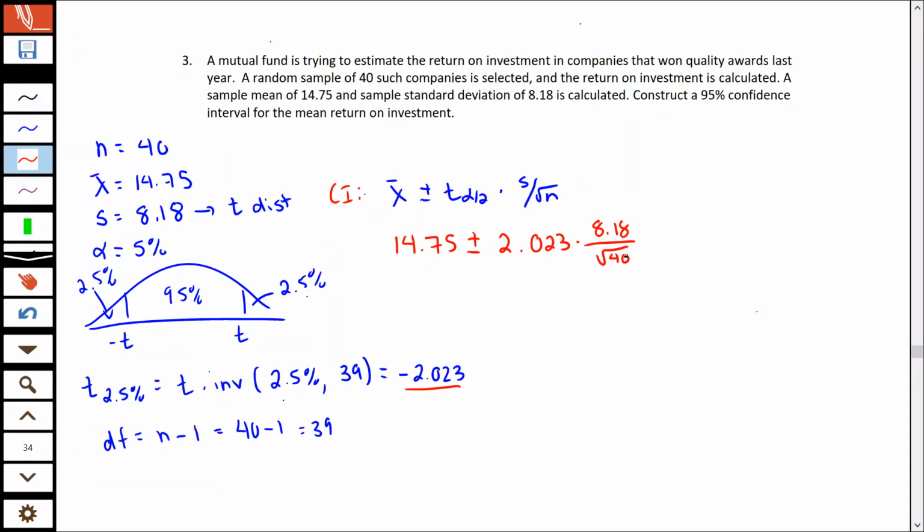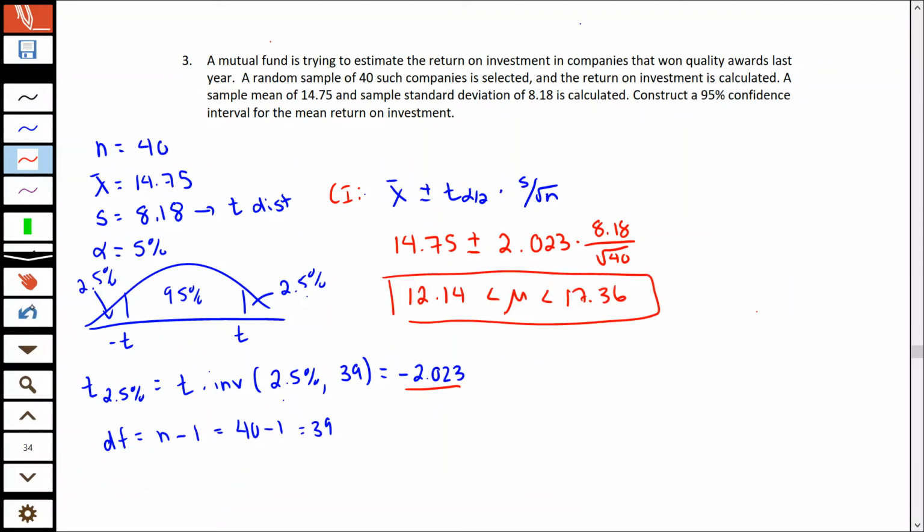And again, if we calculate this, we're going to get two values, one when we do the positive, one when we do the negative, and we're going to have 12.14, and we're going to have 17.36, and this gives us our confidence interval, okay?